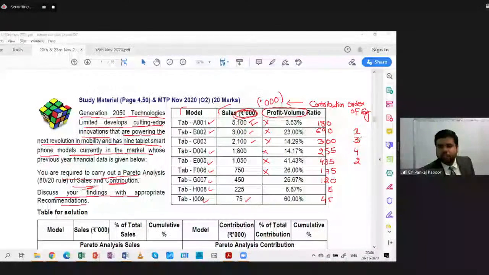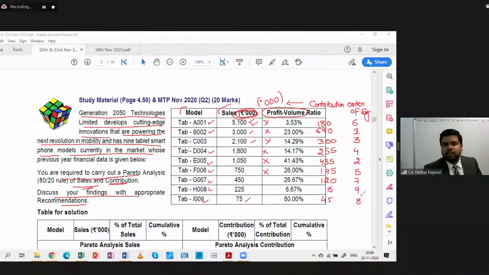D4 is the fourth highest. Then F6 is the fifth highest. A1 is the sixth highest. Then G7 is the seventh highest. I9 is the eighth highest. And H8 is the ninth highest.